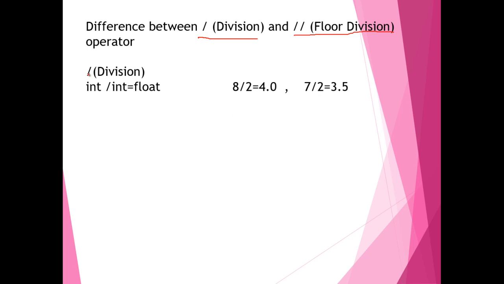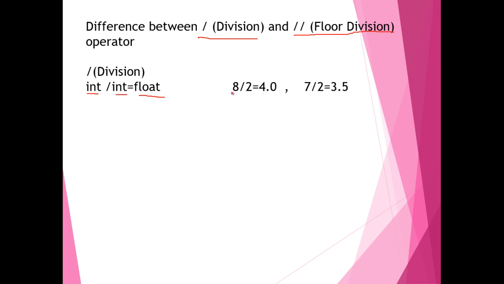Remember one thing, whenever we use the divide operator we always get the result in decimal. So if we divide any integer value with another integer value, in case of slash the answer is always in float.